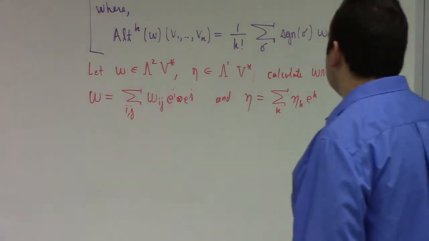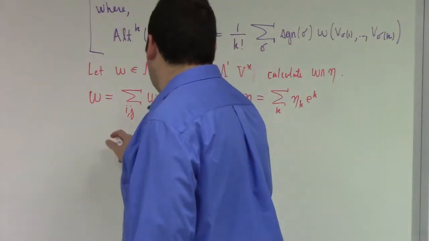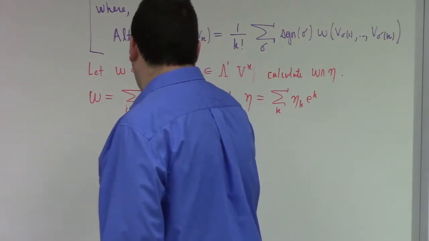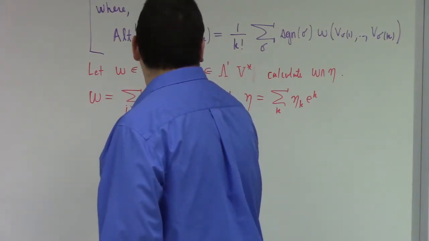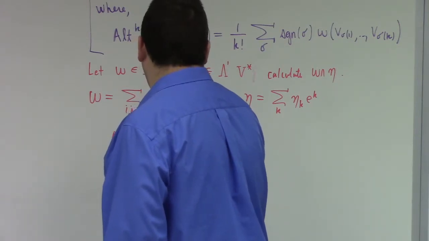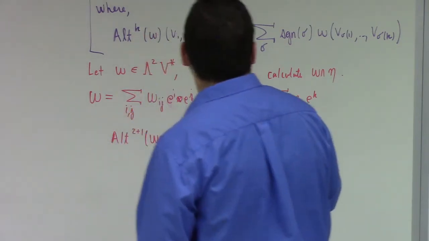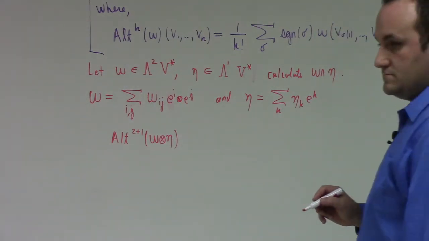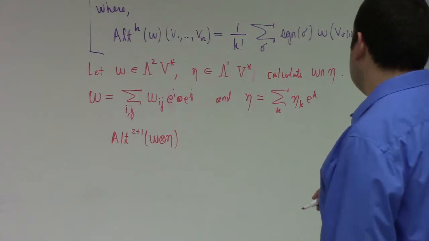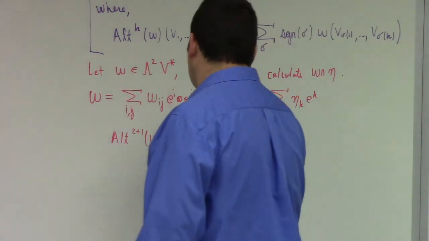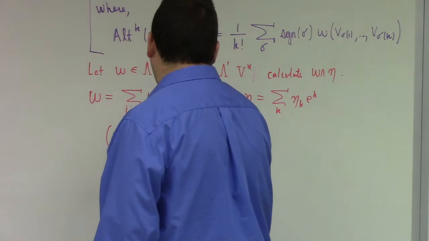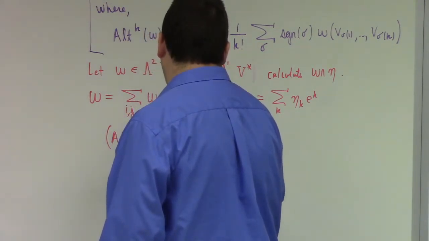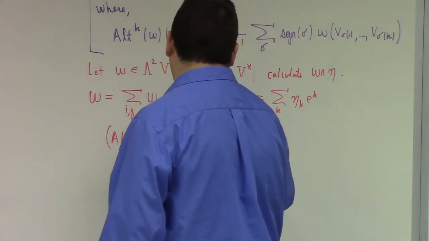Now I need to figure out what alt of 2 plus 1 of omega tensor eta looks like. So I let that act on 3 vectors, say v1, v2, v3.